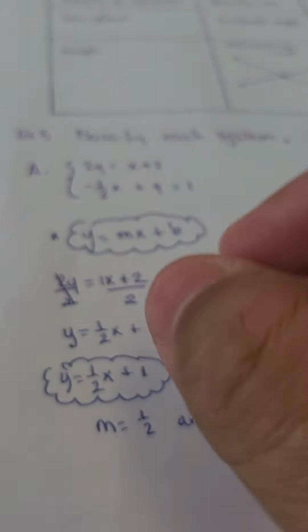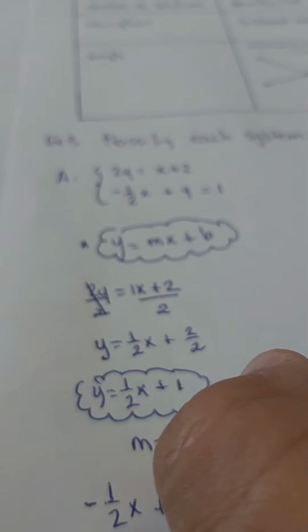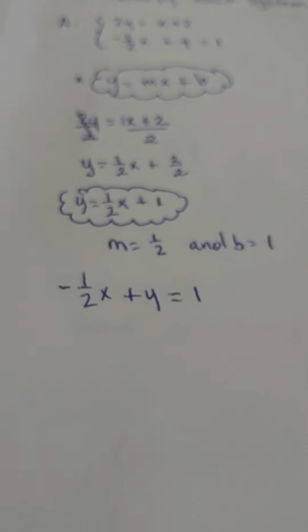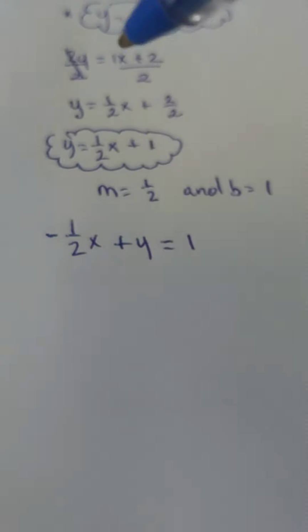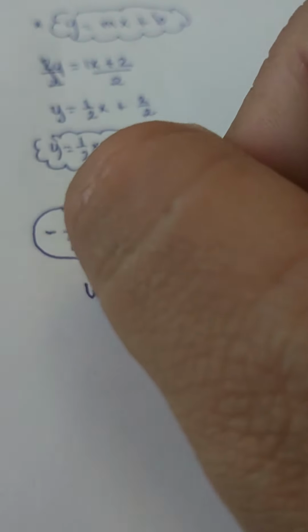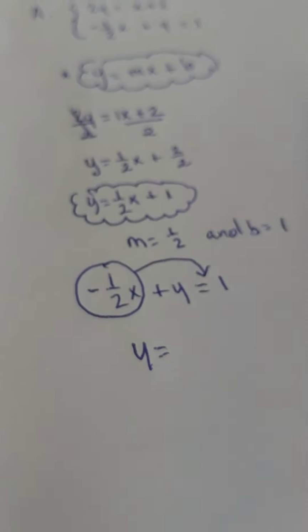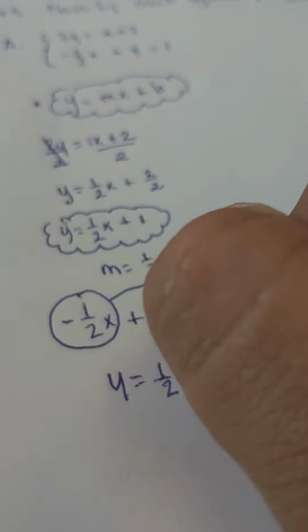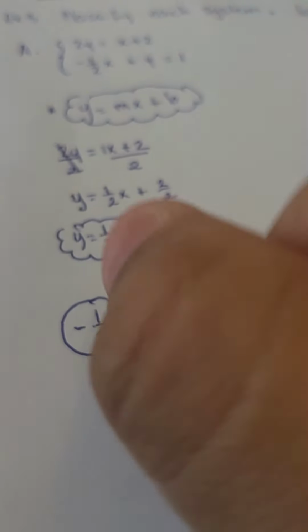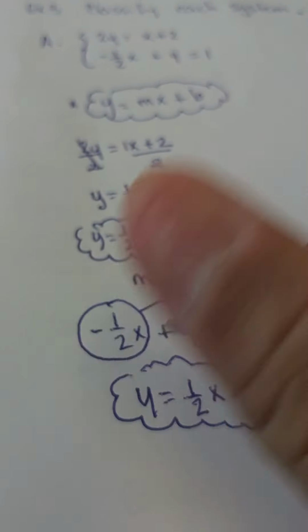Now the second equation, negative 1/2 x plus y equals 1. So we want to solve for y. Let's pass negative 1/2 x to the other side. And what do we get? y equals, if we had negative on this side, on the other side it will be positive, positive 1/2 x plus 1. Okay?